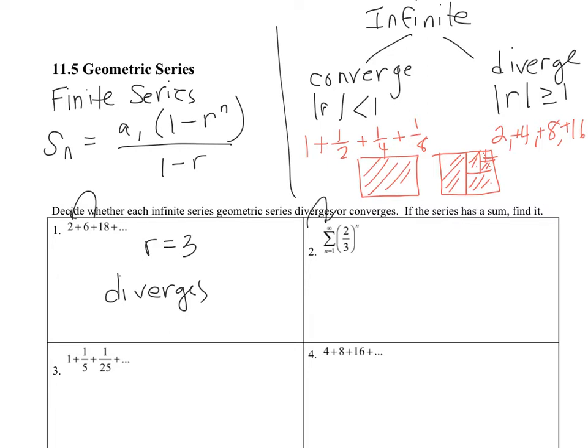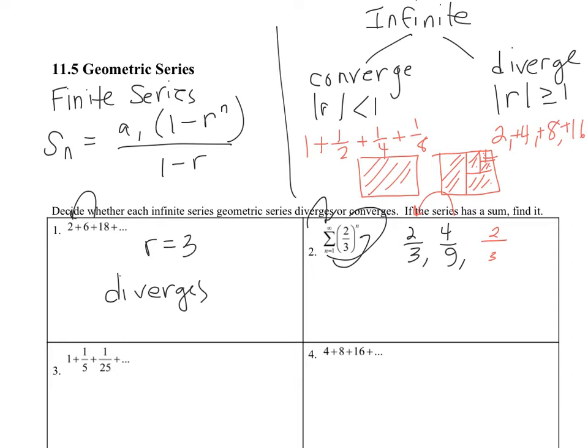If I plug in 1, the first term is 2/3. If I plug in 2, it's going to be 4/9 because 2 squared is 4 and 3 squared is 9. Now I can find the common ratio. 4/9 divided by 2/3 gives a common ratio of 2/3. This is less than 1, so it converges.